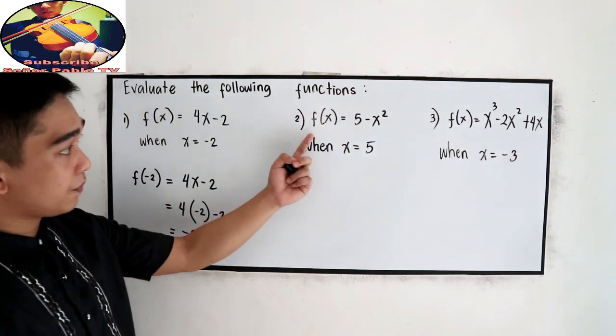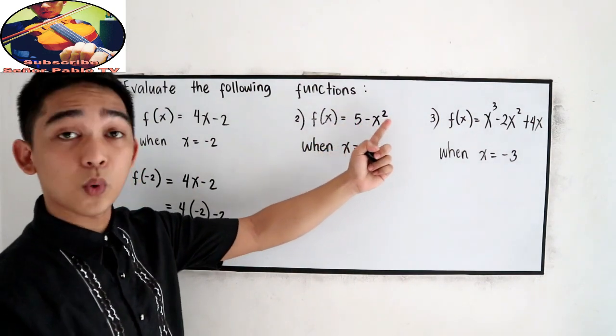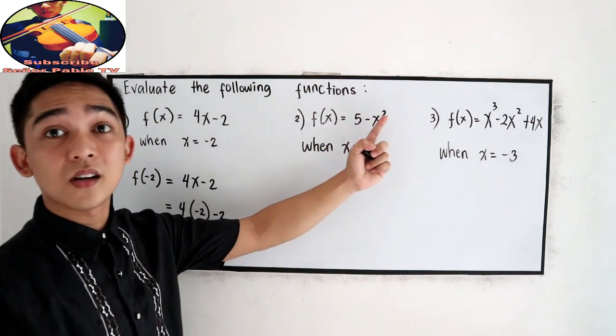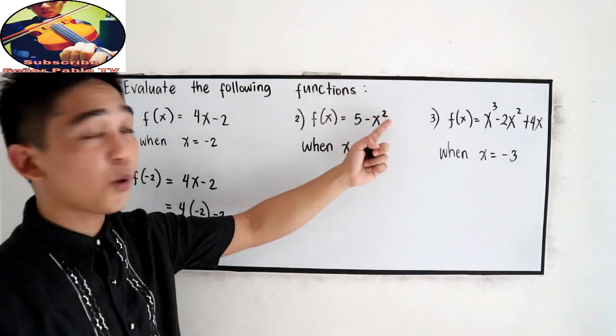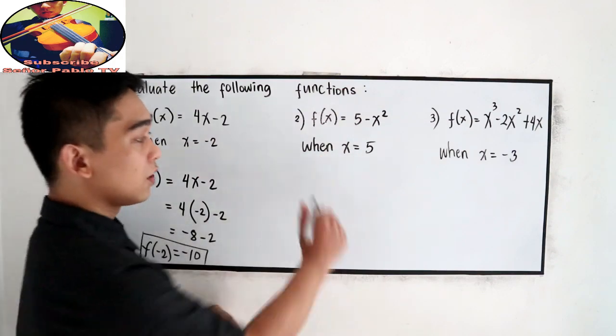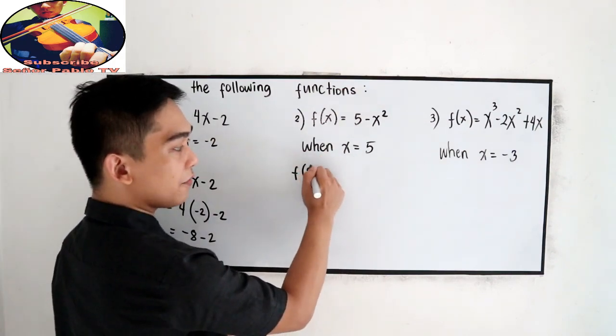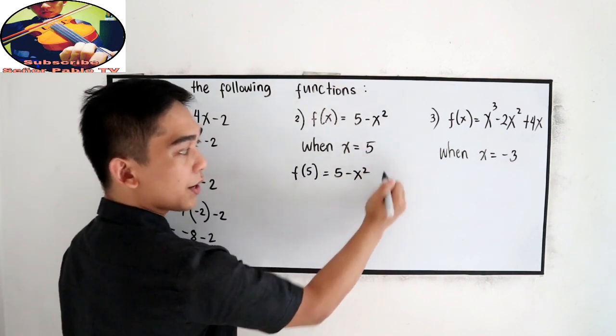Next, number 2. F of x is equal to 5 minus x squared. So this is a quadratic function because our exponent is 2. When x is equal to 5. So f of 5, just copy the original given, 5 minus x squared.